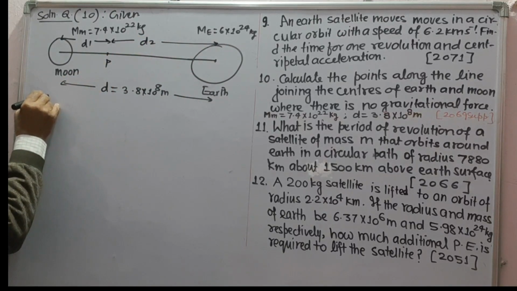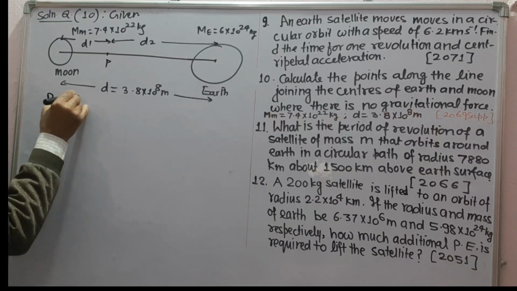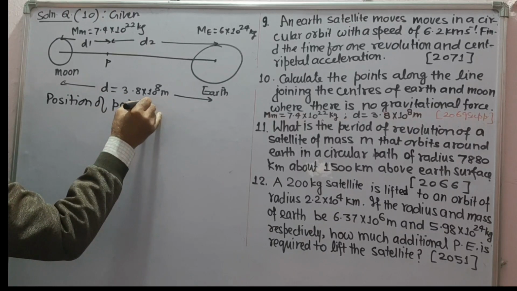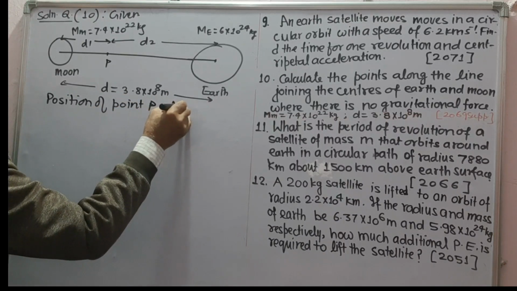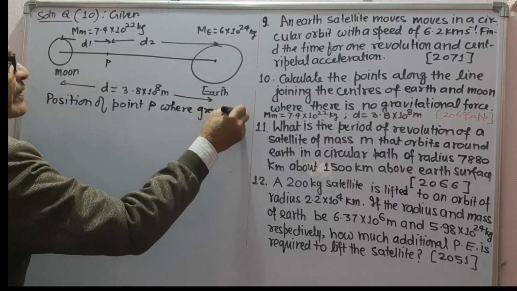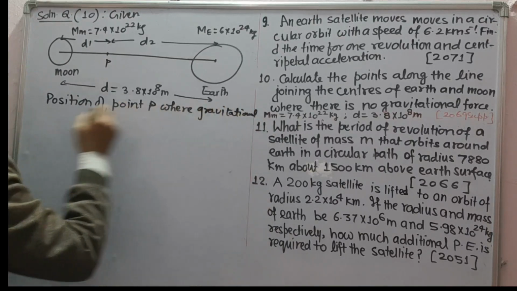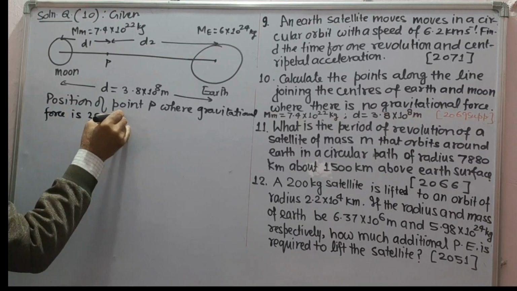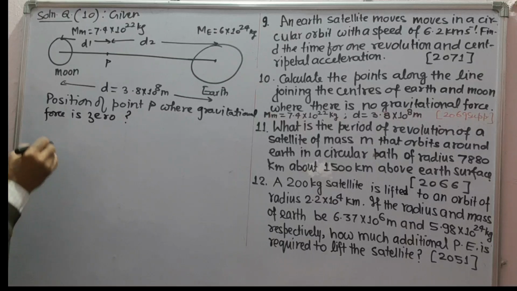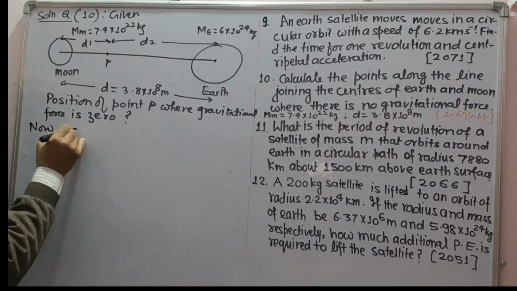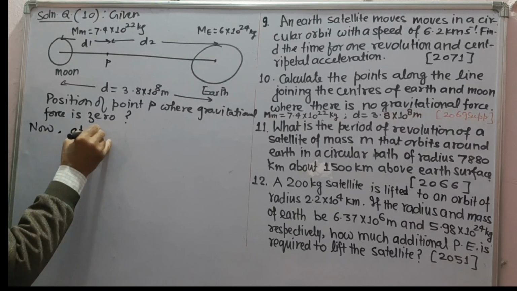So we have to find the position of point P where gravitational force is 0.